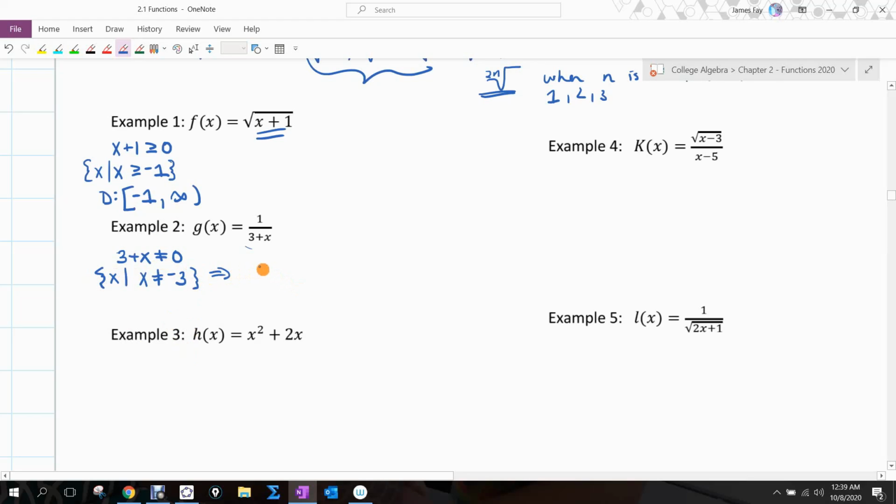Sometimes you might see it written this way: x such that x is an element of all real numbers, and they'll put a semicolon, x cannot be -3. But in interval notation, all we've got to do is say, okay, well, we go from -infinity up to -3, union -3 up to infinity.